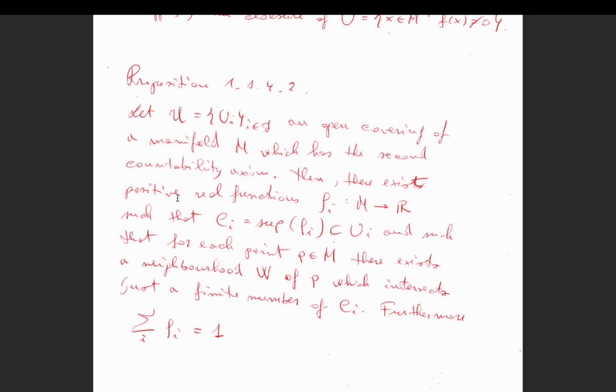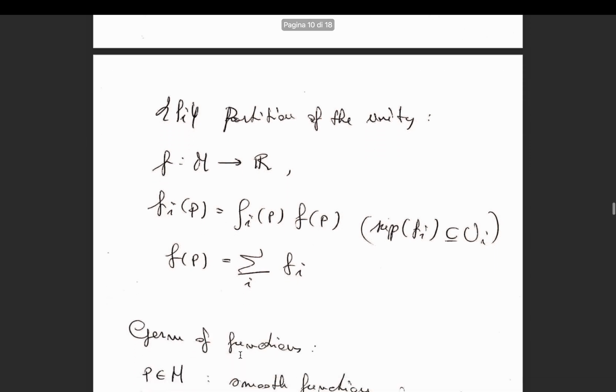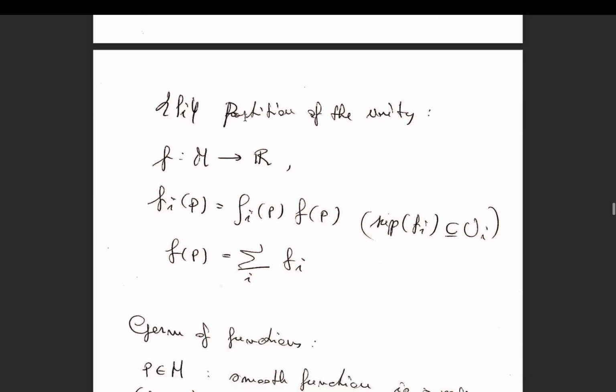Then there exist some real valued maps rho_i from M to R, with support contained in U_i, such that for each point P there exists a neighborhood W which intersects just a finite number of the supports of the rho_i. Furthermore, the sum over i of these rho_i is equal to 1. These rho_i are called a partition of unity for the covering U_i.